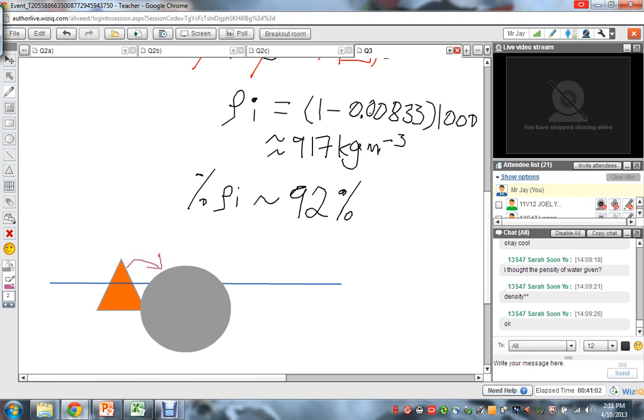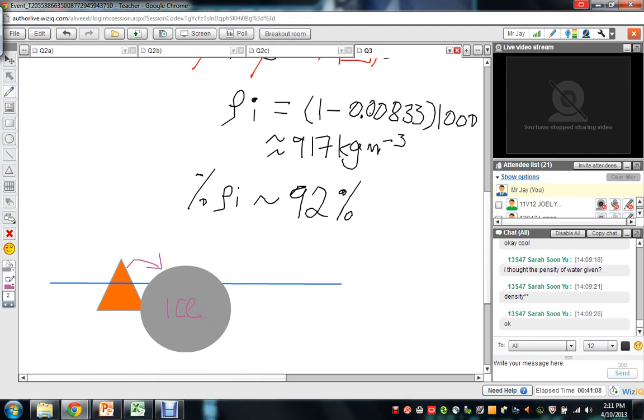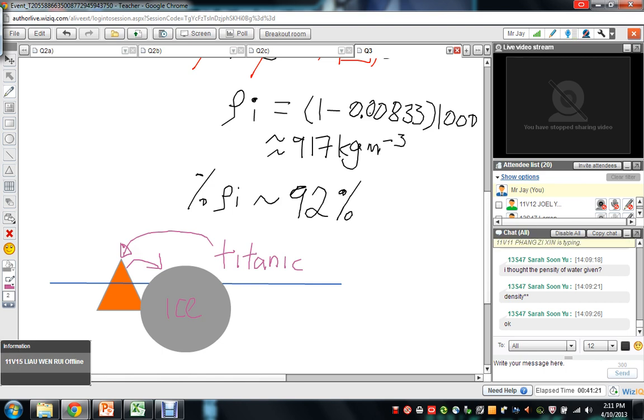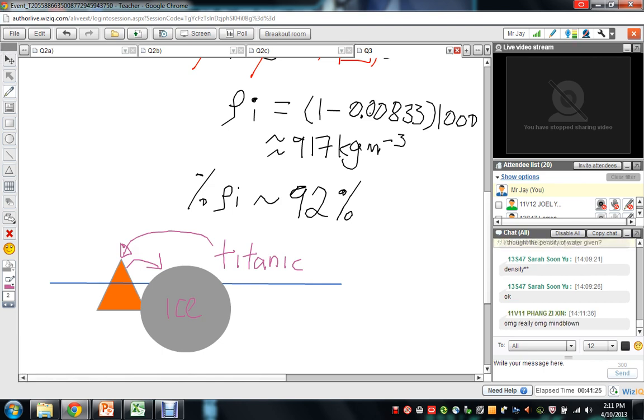That's because most of the iceberg is actually submerged. And this is the story behind the Titanic. They collided with ice, even though the top part of the boat doesn't collide with the iceberg. The bottom part would collide first because most of the iceberg is actually submerged.